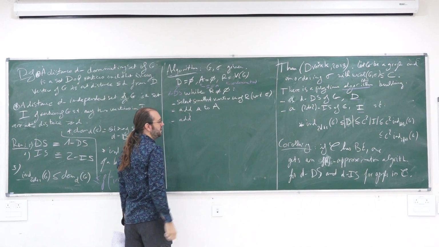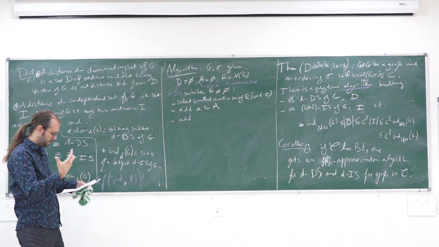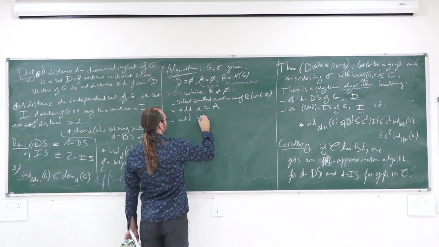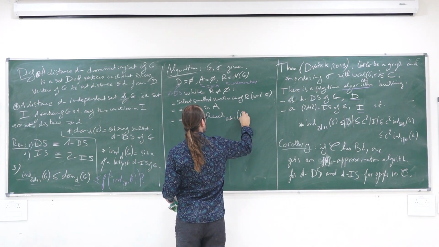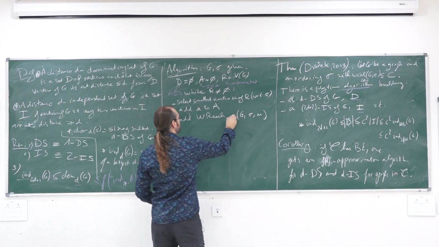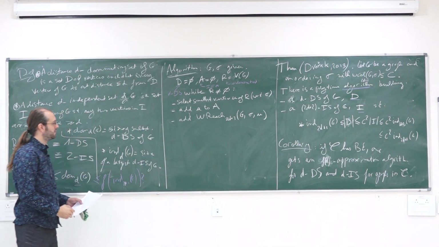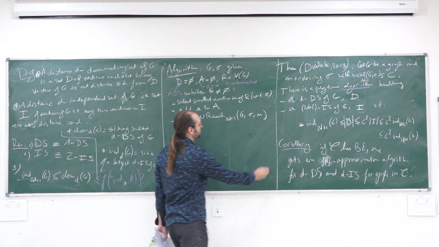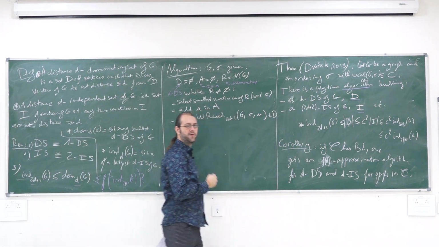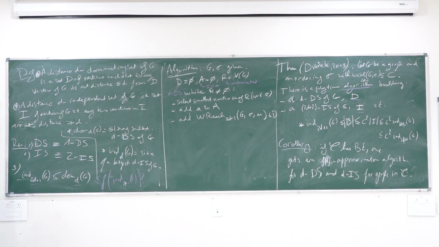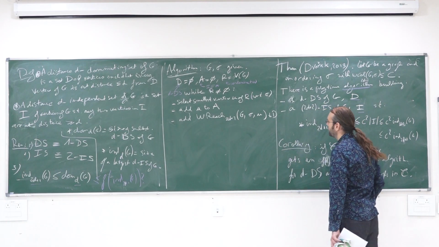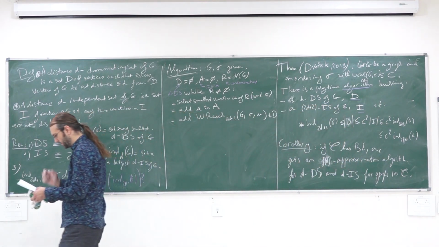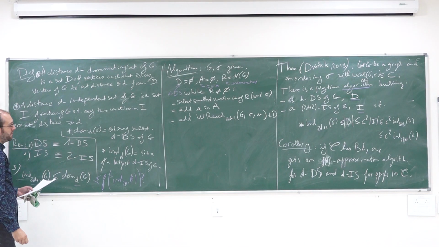And to D I add a lot of things, because I want it to be a dominating set, so I add all the weakly reachable vertices of 2d plus 1 of this U, which was the smallest in my R. So I add all of this to D. And the idea is, let's hope that this will dominate a whole lot of vertices by doing this. Of course, this is not that big, in the sense that it only depends on, this is basically at most c, the number of vertices, some constant.